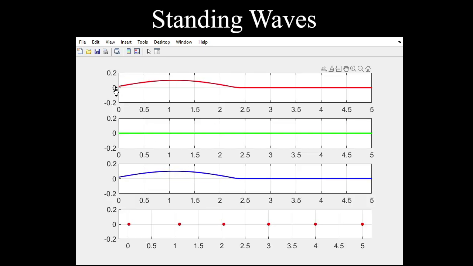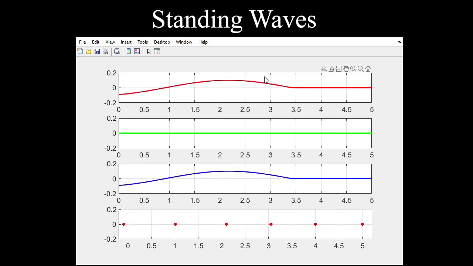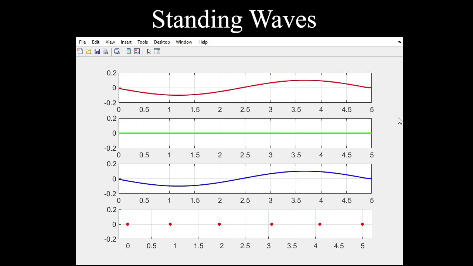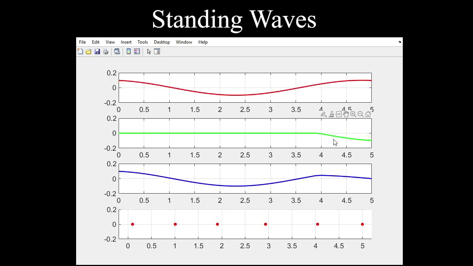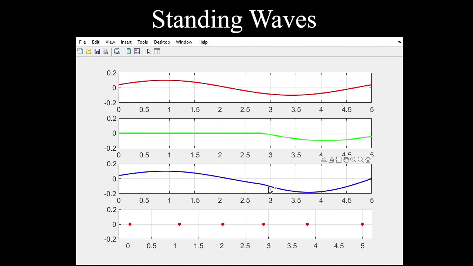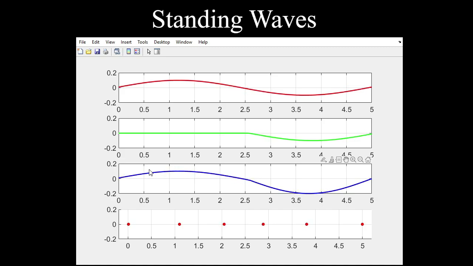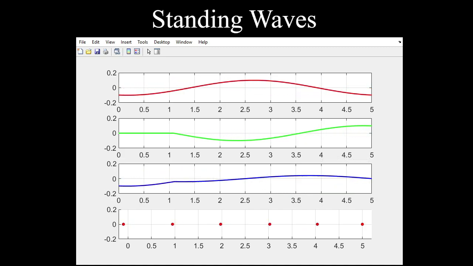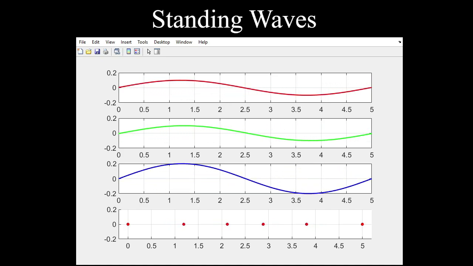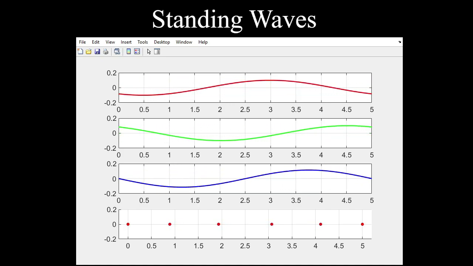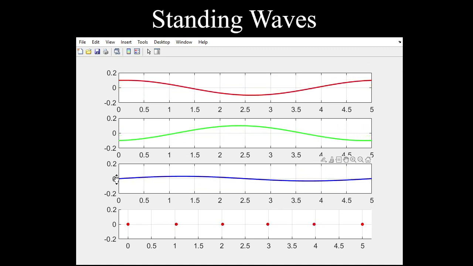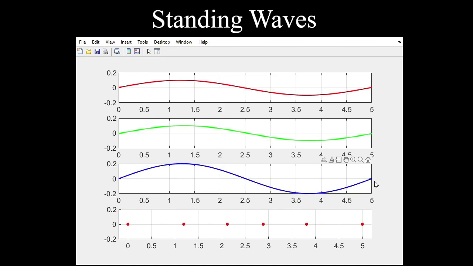So if we oscillate this string back and forth, we have a wave travelling from left to right through the string, and that gets reflected downwards, and then the interference between these waves gradually create a standing wave. So in this case, we have a fixed boundary condition such that there's no displacement at both ends of the string.